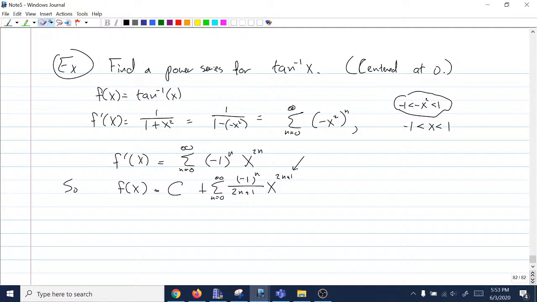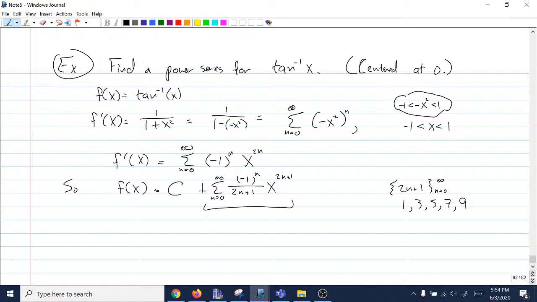This is the standard notation for saying we only are using odd terms. 2n plus 1, the sequence 2n plus 1 from 0 to infinity is 1, 3, 5, 7, 9. This is a situation where my series has only odd terms, and using x to a power of 2n plus 1 is the easy way of saying all the even terms have coefficients of 0.